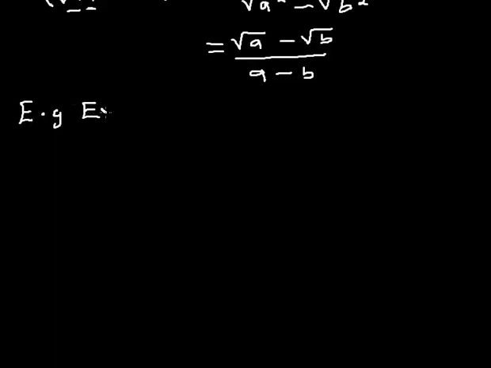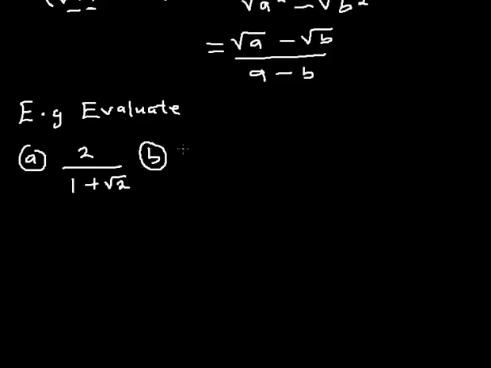Evaluate the following. A: 2 all over 1 plus root 2. B: root 2 divided by root 3 minus root 2.